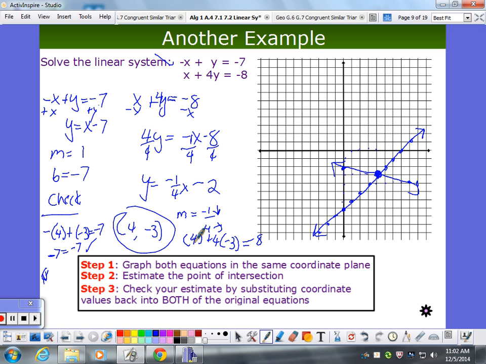Let me see if that's true. That would be 4. A plus times a negative is a negative. Does that equal -8? Plus 4 minus 12? -8. So it works. Woohoo. Now I'm yes, with confidence. Yes, that works. That's the graphing method.